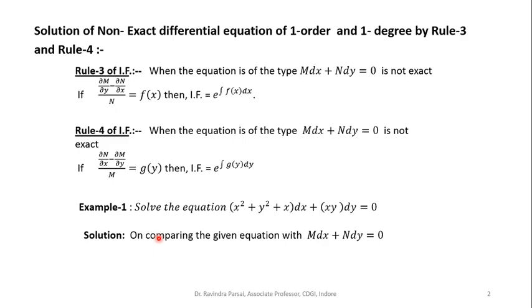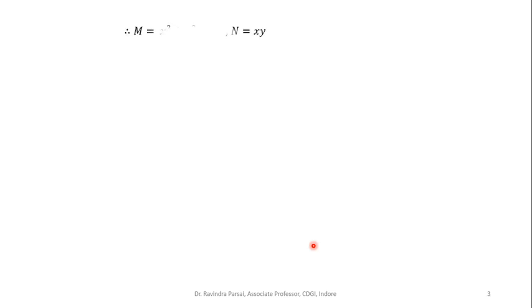On comparing the given equation with M dx plus N dy equal to 0, we get the values of capital M and capital N. Then we differentiate M partially with respect to y, keeping x constant. The first term has derivative 0, the second term is a function of y only, so its derivative is 2y, and the third term is only x, so its derivative is 0.